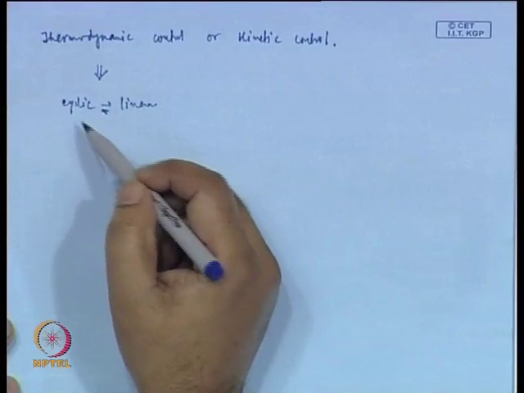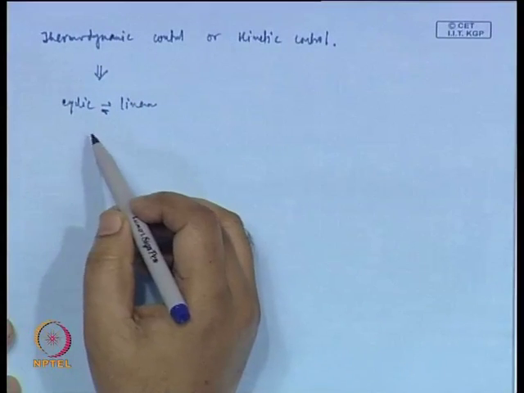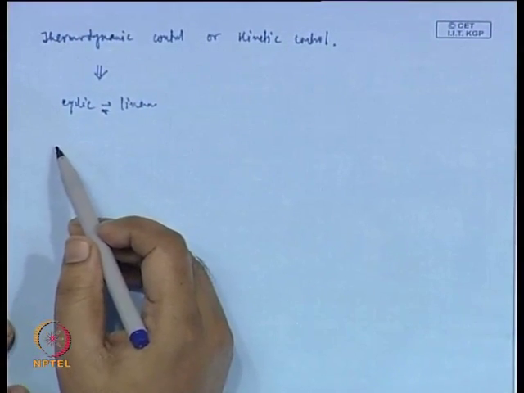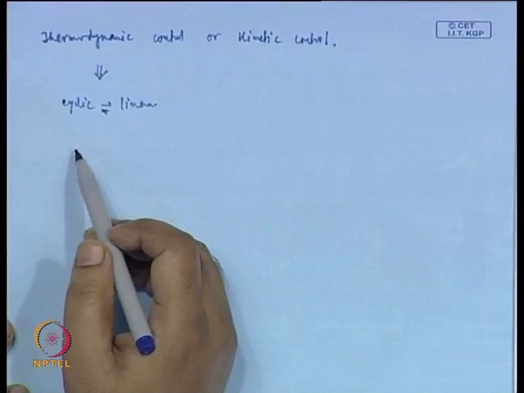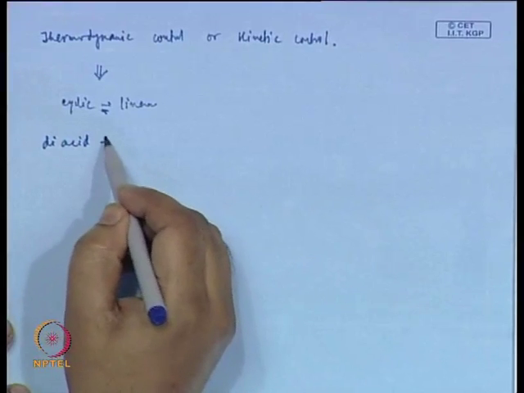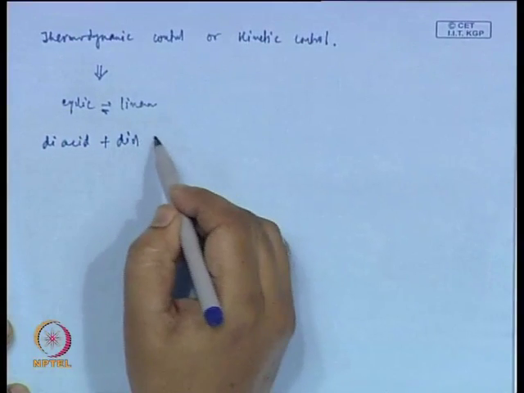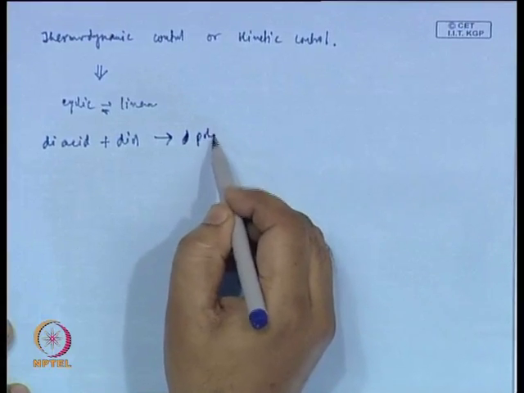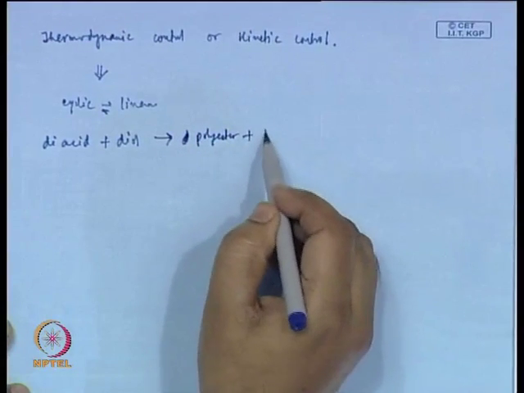One example we can give is normal ester formation, polyester formation from diacid plus diol to give polyester plus H2O.